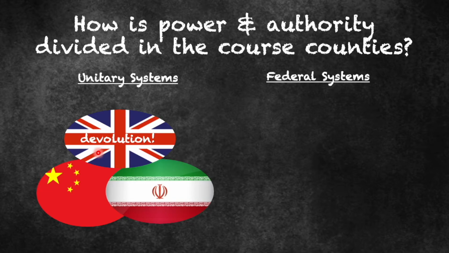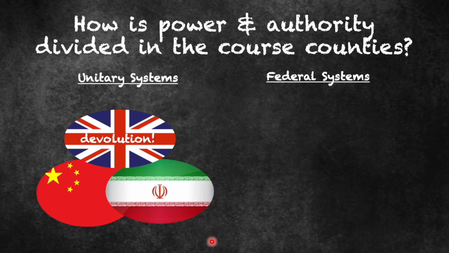So while the UK has devolved these greater levels of power to the nations, it still is considered to be a unitary state because the British Parliament does remain sovereign, which means the British Parliament reserves the right to revoke any decisions made by the devolved governments.